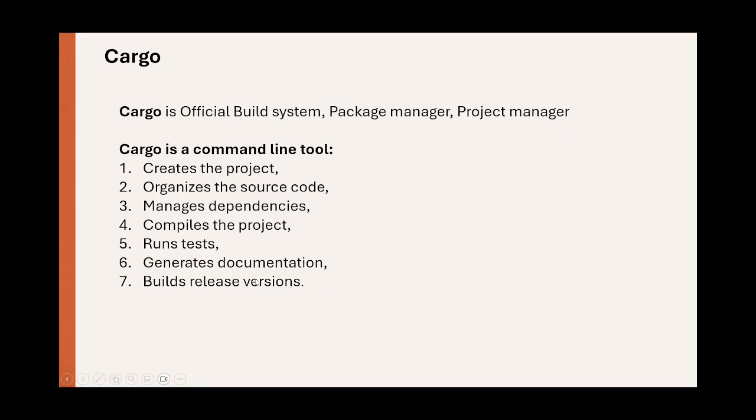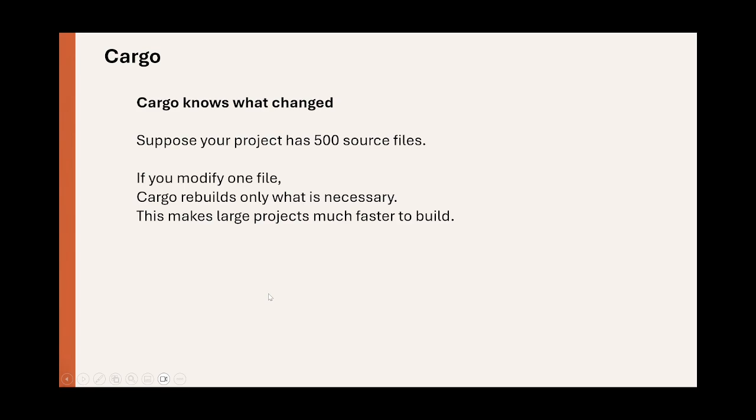It can also build release versions and debug versions. Cargo is very powerful. Supposing your project has 500 source files, if you modify just one file, Cargo knows exactly what to rebuild, and this makes the process faster.